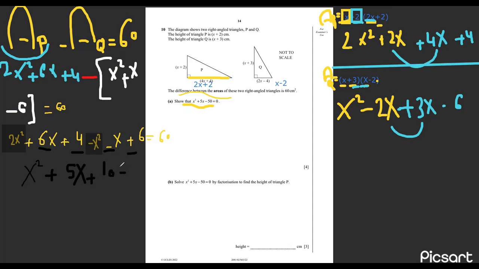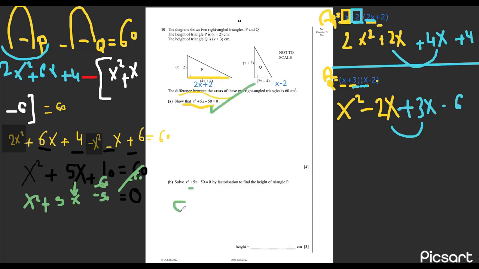All that is equal to 60. Now we need to equate it to 0, so we take the 60 to the left side as minus 60, which gives minus 50. So now we have proved that x squared plus 5x minus 50 equals 0.